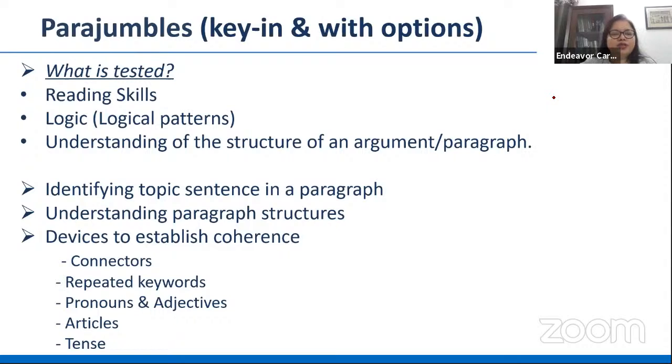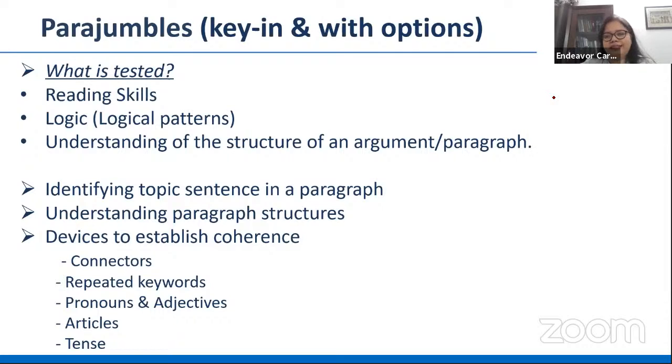All right. So we're going to take these aspects that are tested at different levels. We're going to talk about how to relate to that main idea or the main point in a paragraph. Second, we're going to understand paragraph structures, because when we understand paragraph structures, we will also find that we're able to relate to a lot of logical patterns.